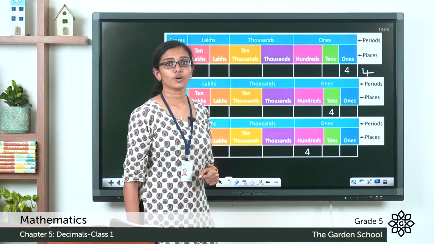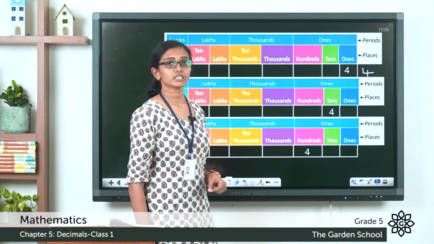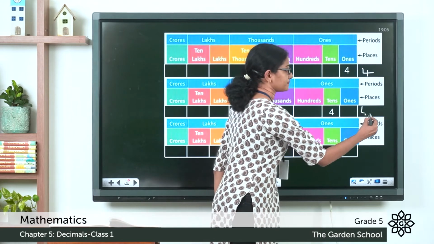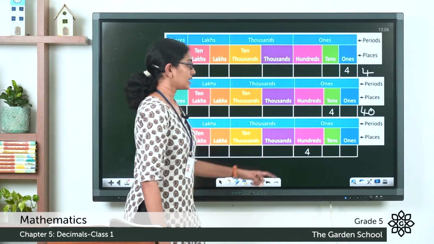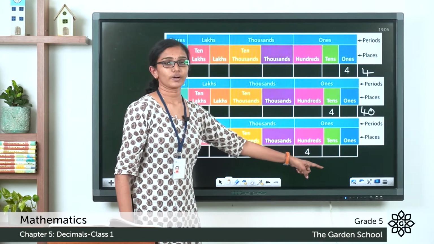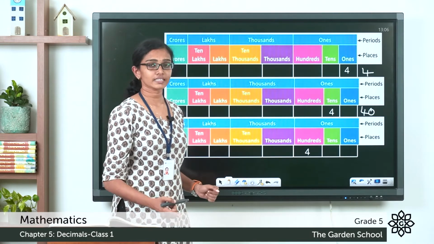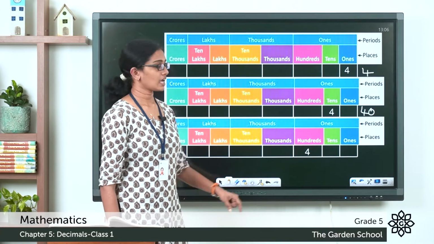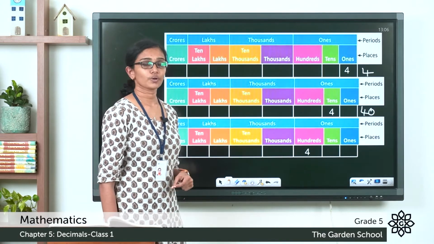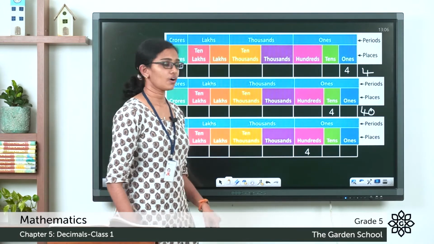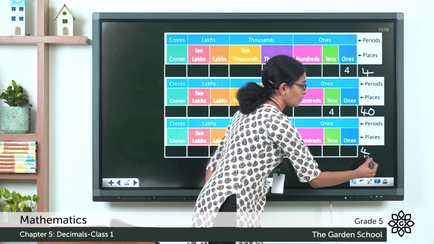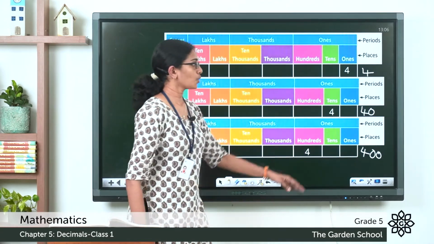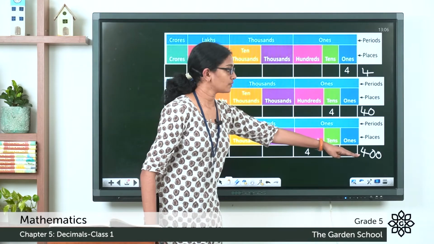Now the place value of 4 is 4 tens or 40. Okay. Now in this case 4 is again moved to the next higher place. So right now 4 is in hundreds place and the place value of 4 is 4 hundreds, that is equal to 400. See, 4, 40, 400.